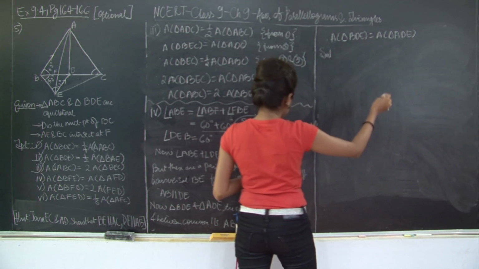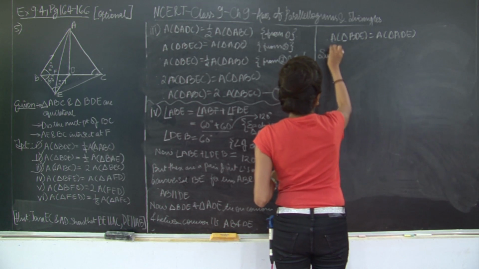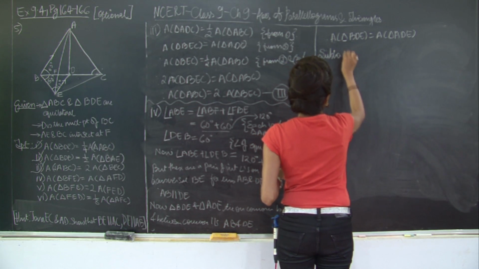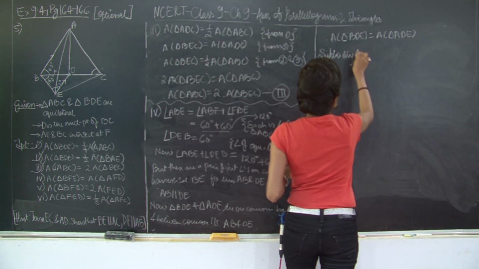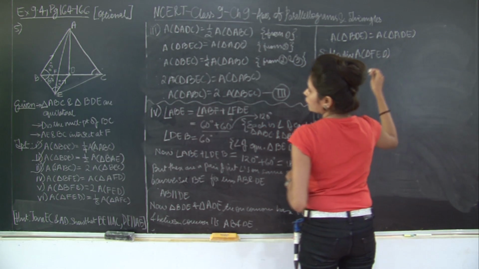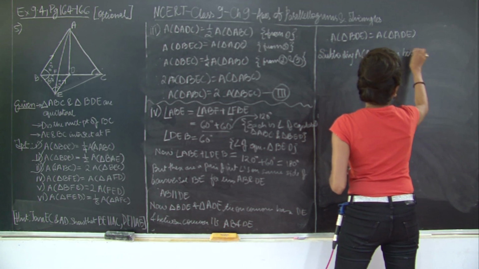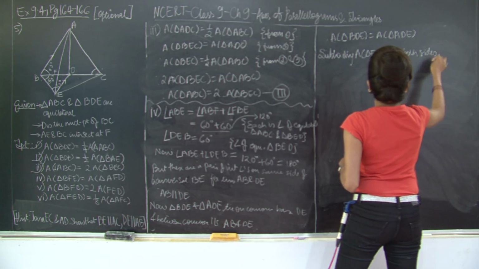Subtracting area of triangle FED on both sides. What do we get?